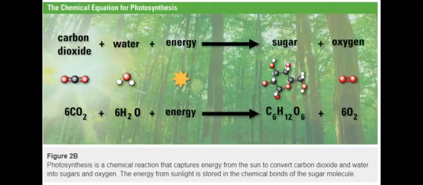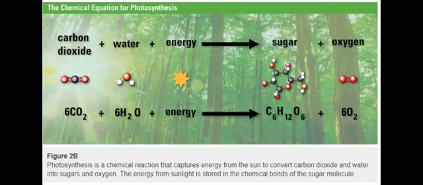The equation in Figure 2b, the one you're looking at right now, is a model that describes the reaction as a chemical blank, number 12. Chemical formulas have reactants, or the molecules used in the reaction, on the left side. Products, the molecules produced in the reaction, appear on the right blank, number 13.